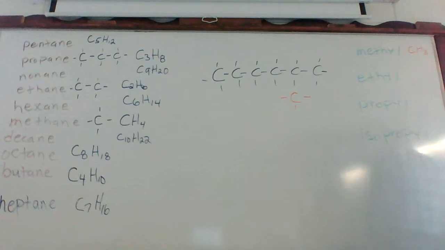Okay. So step 2 says add the names of the alkyl groups in front of the name of the parent hydrocarbon in alphabetical order. When there is more than one branch of the same alkyl group present, attach the appropriate numerical prefix to the name: di for 2, tri for 3, tetra for 4, and so on.